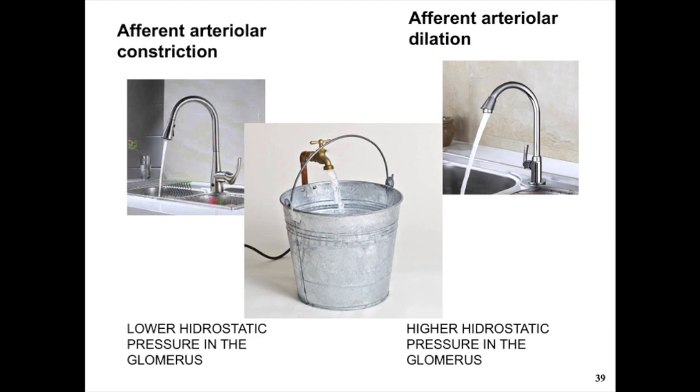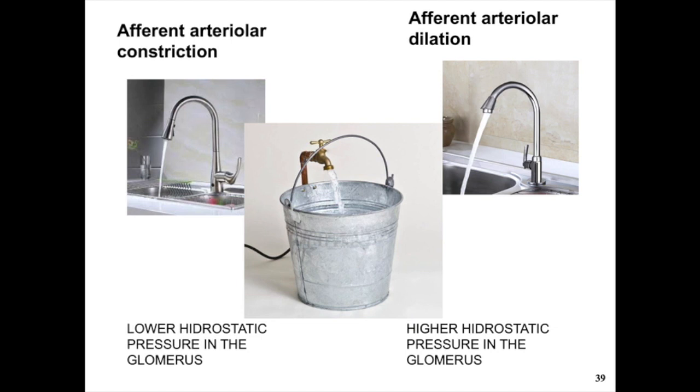So when you dilate the afferent arteriole, you let more water go, you have higher hydrostatic pressure in the glomerulus. If now you constrict, you close the faucet, or you're getting closer to closing the faucet, you have lower flow of water, lower hydrostatic pressure in the bucket, in our metaphor, in the glomerulus.